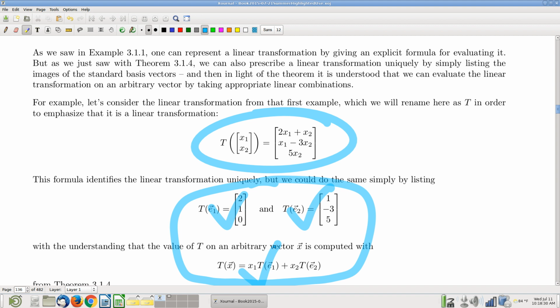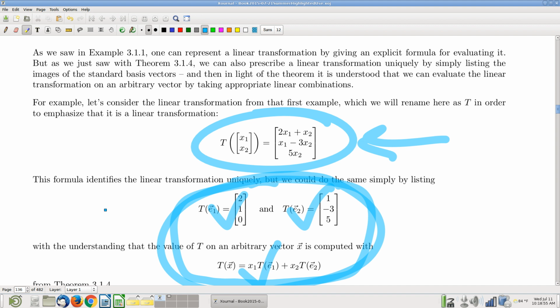So a neat, alluring potential for shorthand is that I don't actually have to tell you this formula. If I want to describe this function T, I don't have to write down the whole formula. If I just tell you what these two vectors are and say linear transformation, that does the job.